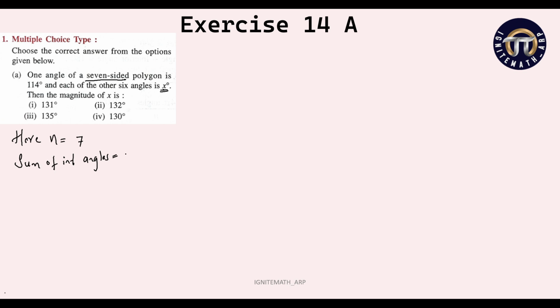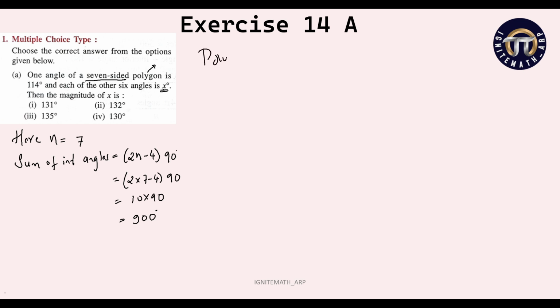Sum of interior angles is (2n minus 4) into 90. Clear? So (2 into 7 minus 4) into 90. That is 14 minus 4, which is 10. 10 into 90 is equal to 900. This is the sum of all the angles of a seven-sided polygon. See here, they are just telling you polygon. Don't consider it as a regular polygon. Very important, children.